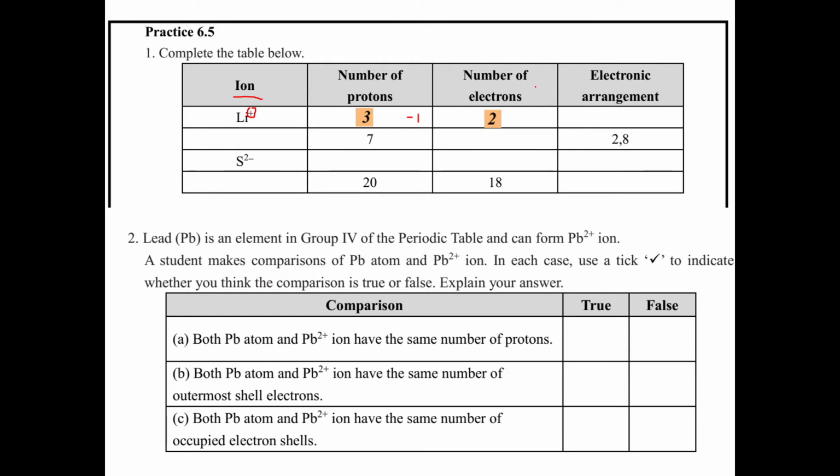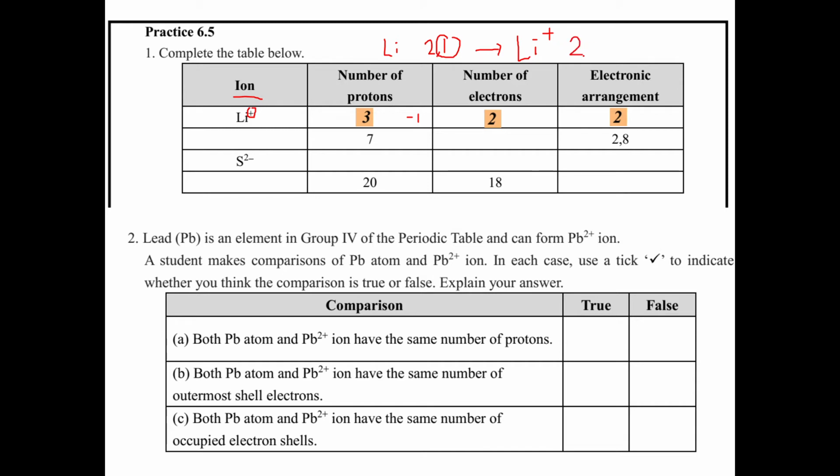You only have 2 electrons, so they go in the first shell only, no more electrons. So the electronic arrangement should be 2. For a lithium atom, it should be 2, 1 for number 3. But once it becomes a lithium ion, 1 electron goes away, so it becomes 2 only.